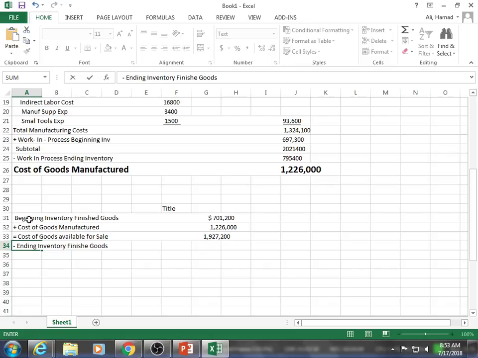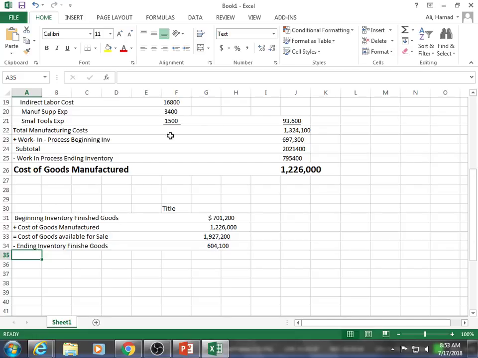Correct? Okay, 604,100, and that gives us cost of goods sold for a manufacturing business.